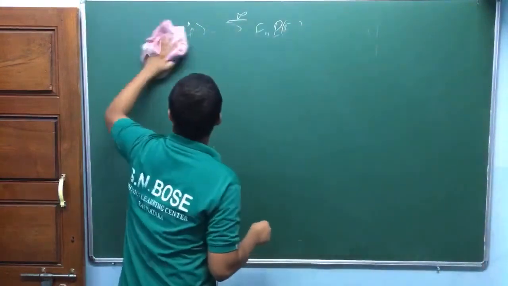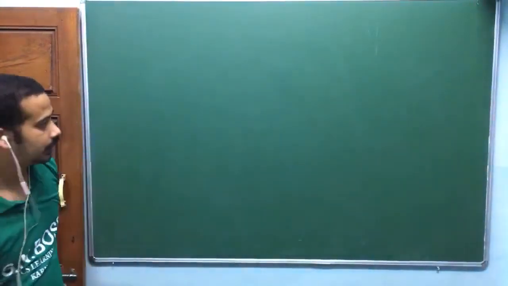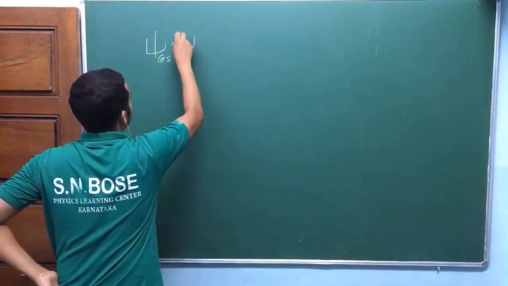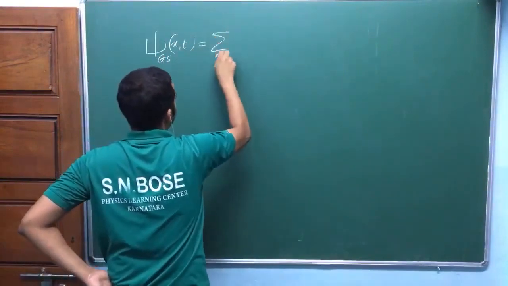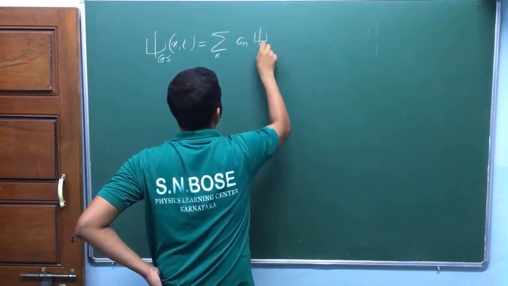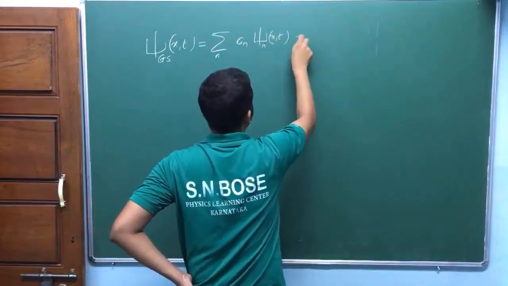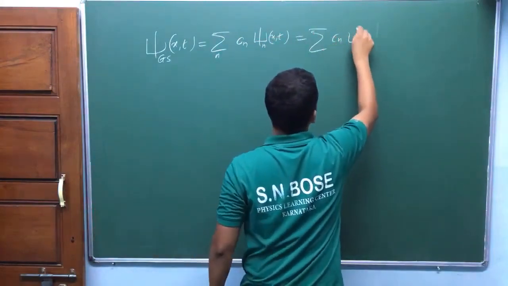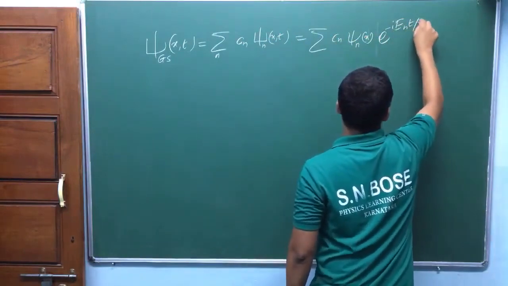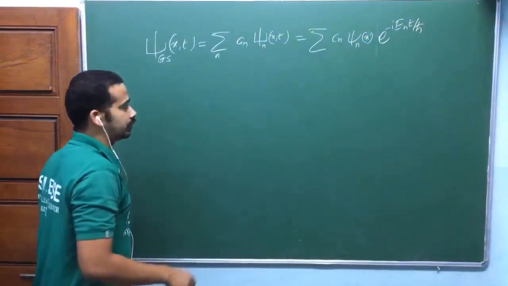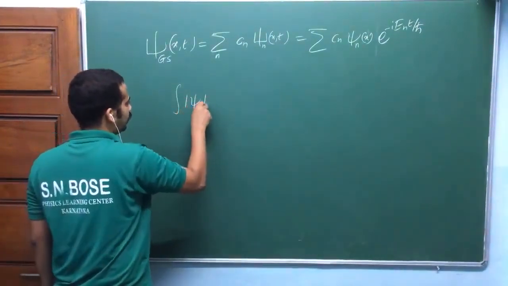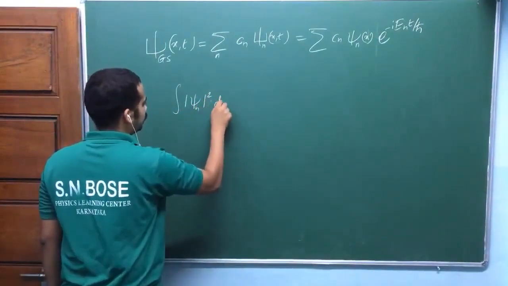But in problems, look here, I have shown psi of GS of x comma t equal to the summation over n of Cn into psi n of x comma t, or Cn into psi n of x into e power minus i En t by h bar, isn't it? One thing you should remember here: you have shown that the integral of mod psi n square dx is equal to 1.